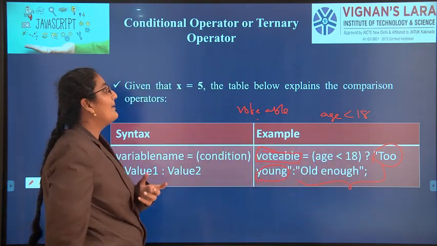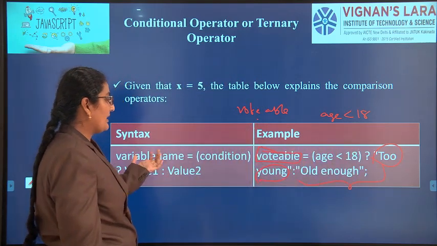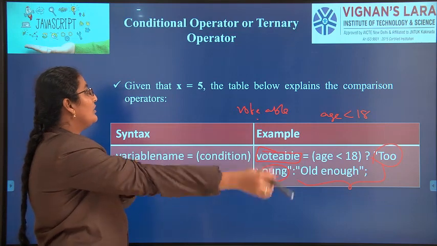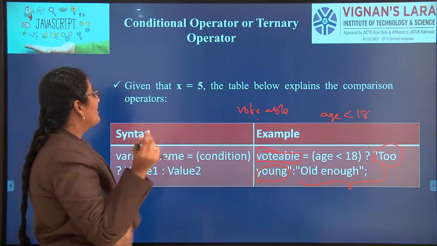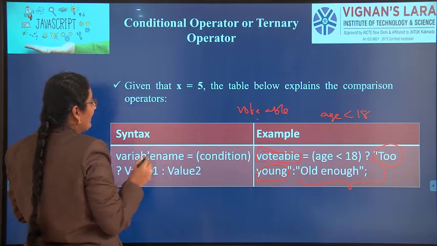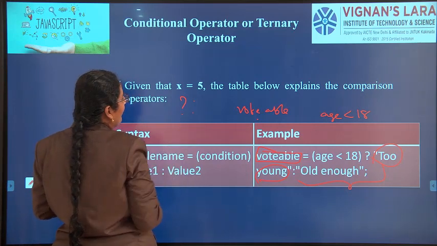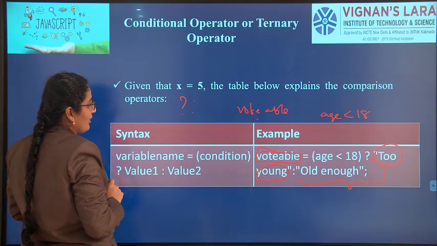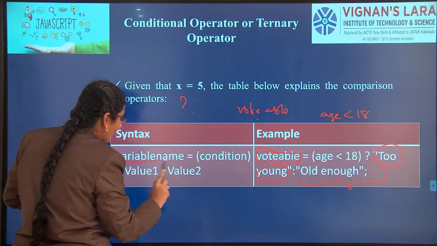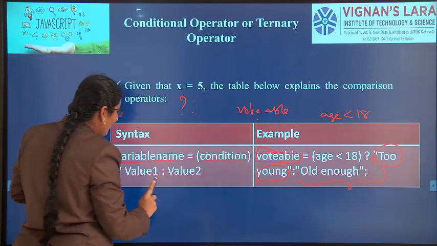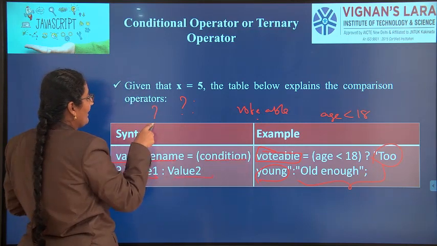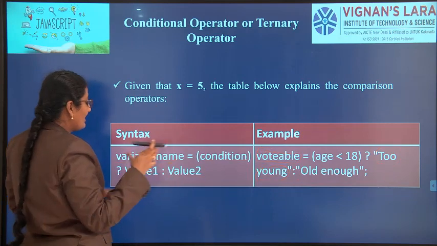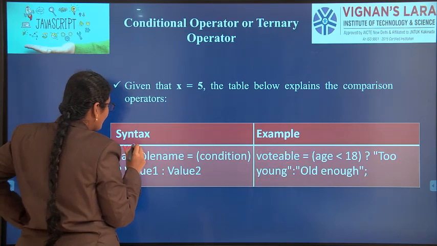So, a general example: if you want to vote, you should have age greater than 18. The operator is the conditional operator. When we are applying the conditional operator, what is the syntax? Variable name, condition, value 1, value 2, with question mark and colon. What is the variable name here?